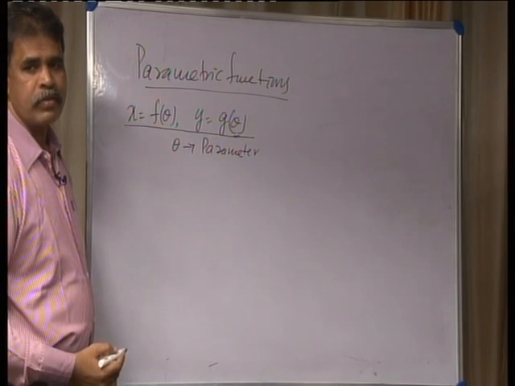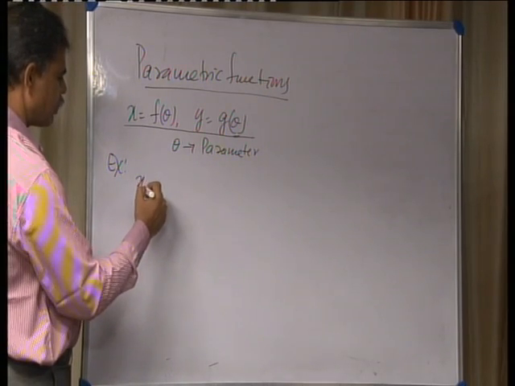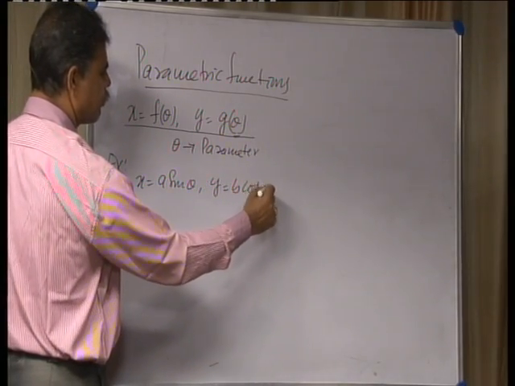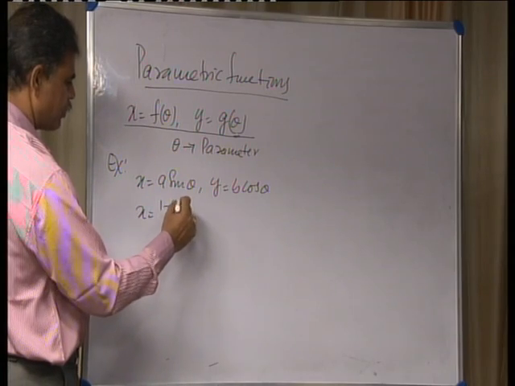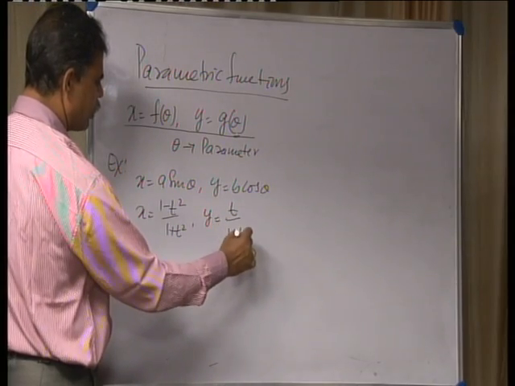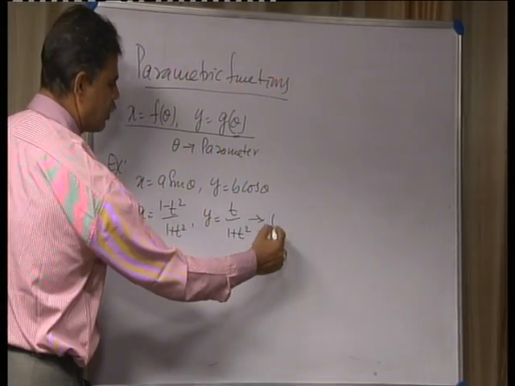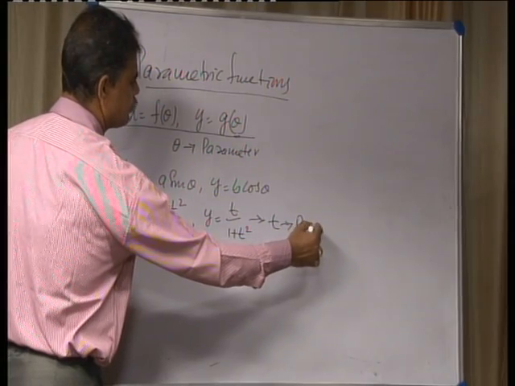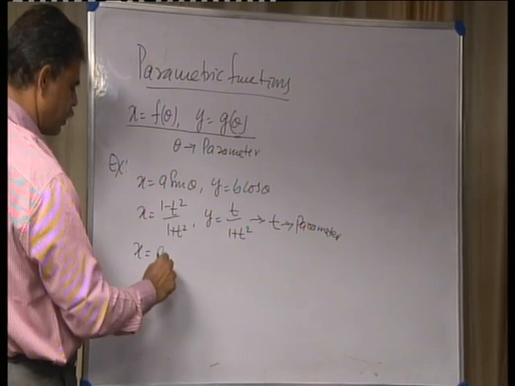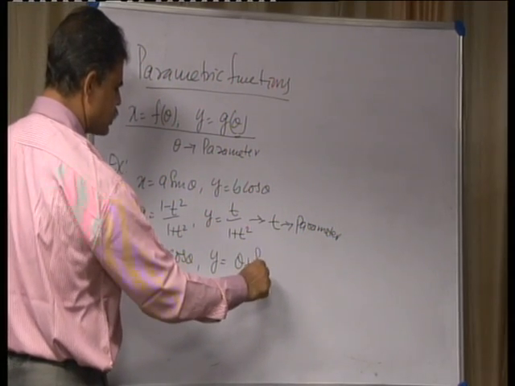Those parametric functions are to be differentiated. Take example parametric functions: x is equal to a sin theta, y is equal to b cos theta; x is equal to 1 minus t square divided by 1 plus t square, y is equal to t divided by 1 plus t square. Here the parameter is t. Sometimes x is equal to theta cos theta, y is equal to theta plus sin theta.